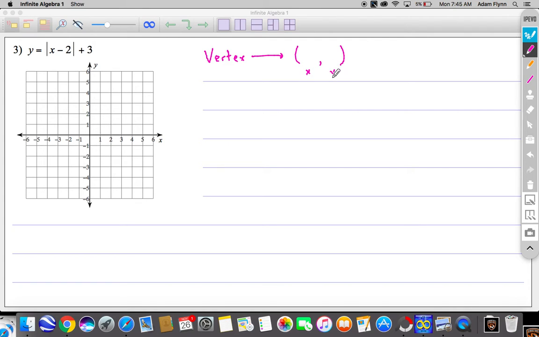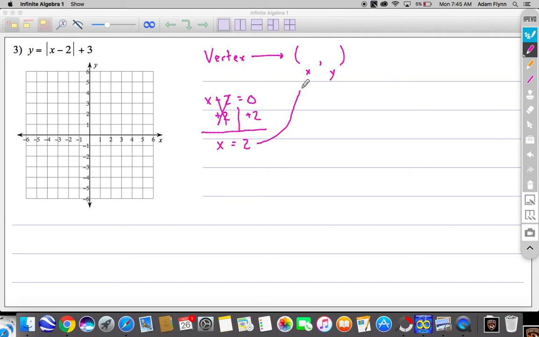So to get my x coordinate, I'll take whatever is in between the bars, so in this case x minus 2, and set it equal to 0. So to get the x by itself, I'll add 2 to both sides. When I do that, negative 2 plus 2 cancels, so we get x equals 0 plus 2, which is 2.